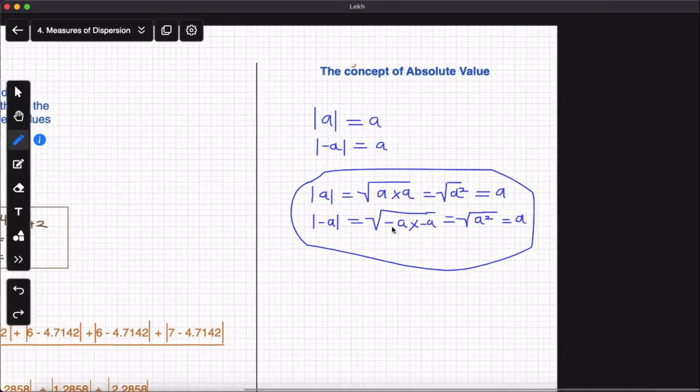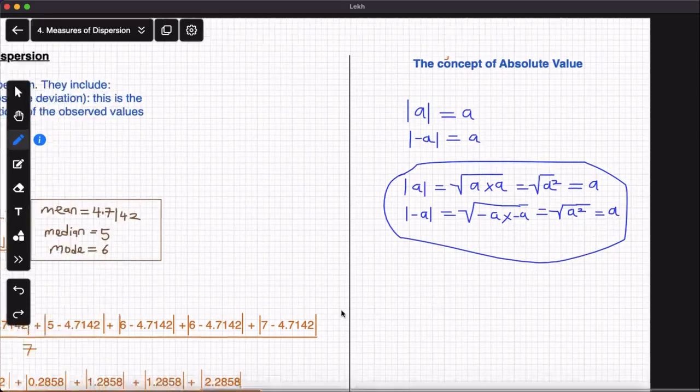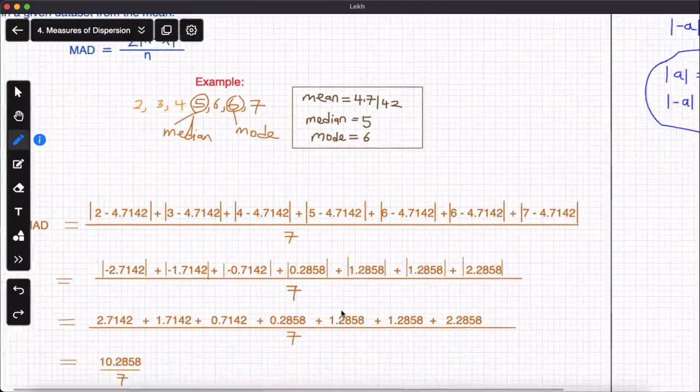The reason is that when you say absolute value, what you are saying is square the number and look for the square root. So when you do that for a positive number, you get the same number. And when you do that for a negative number, when you square it and take the square root, you get the positive version of that number. So that's what we do when we say absolute value.